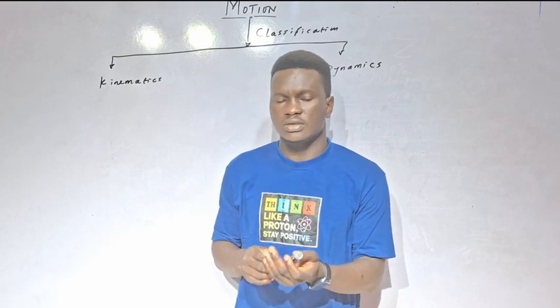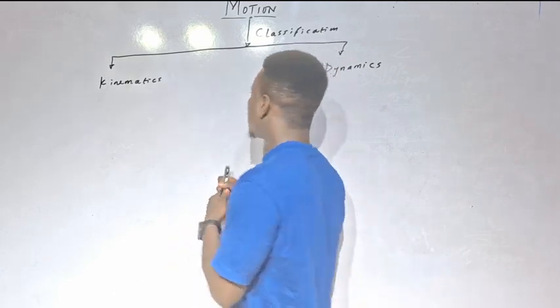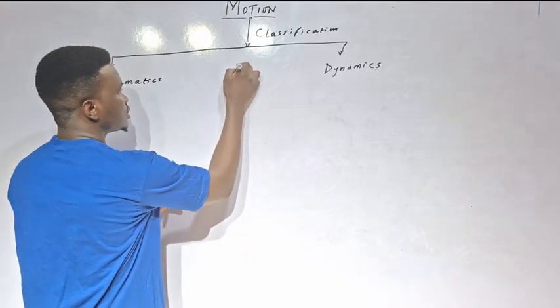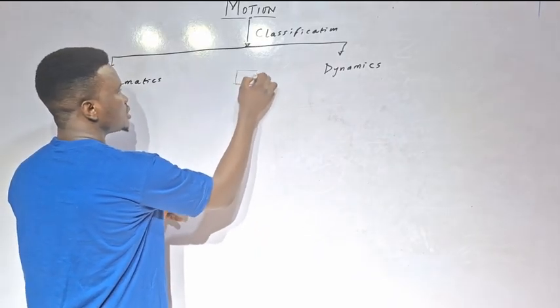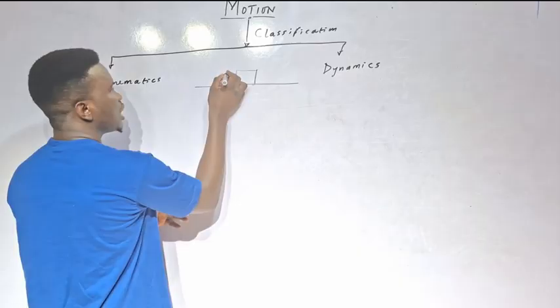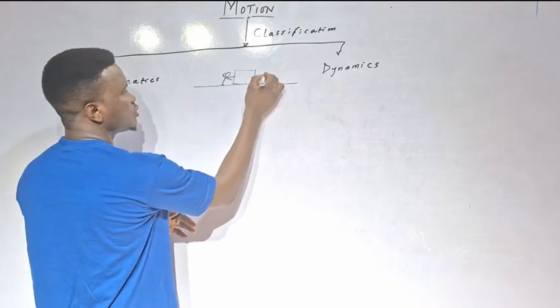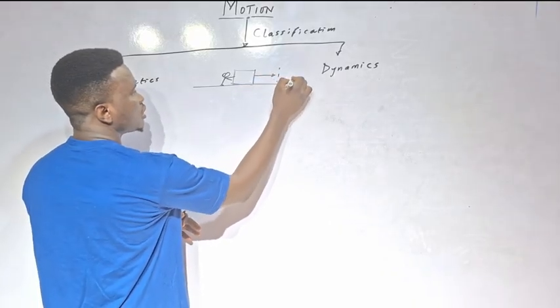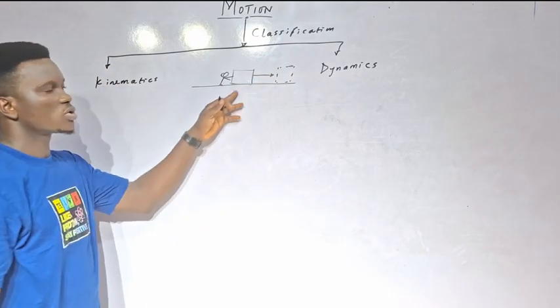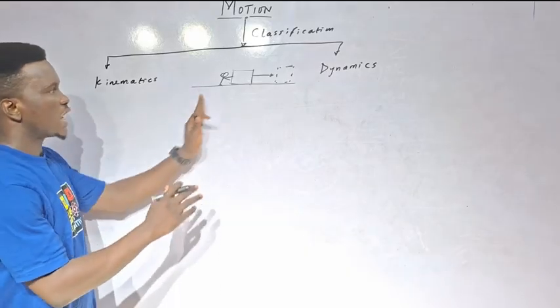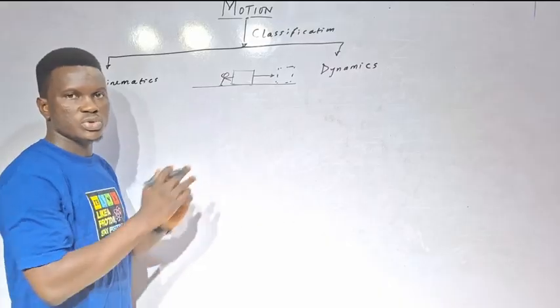But look at this. This is a box on the table. Now I push this box, and the box moves from here to here. So looking at what I've done there, what have I done? I applied a force to push that body.